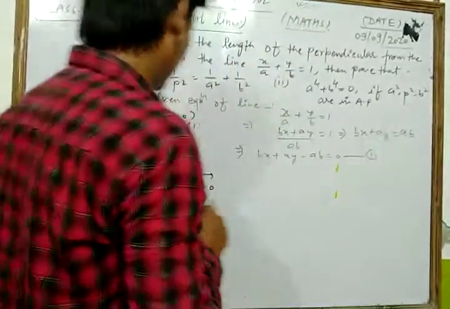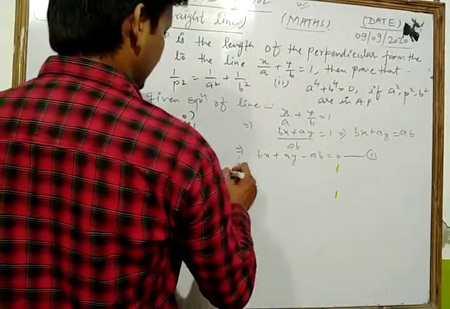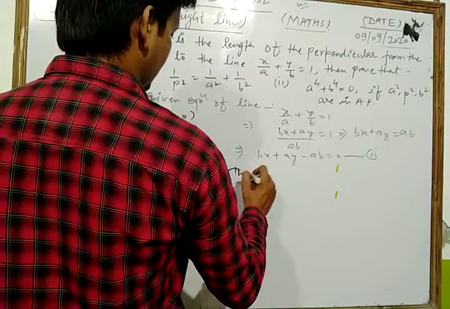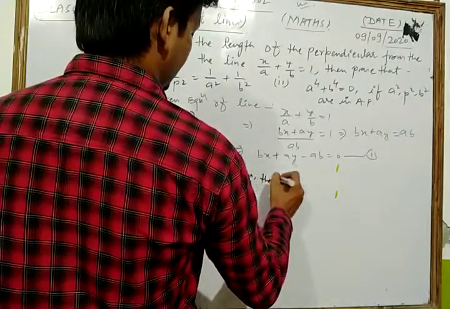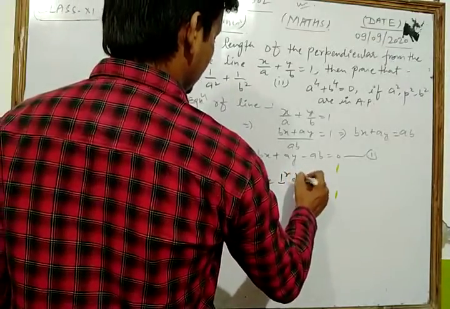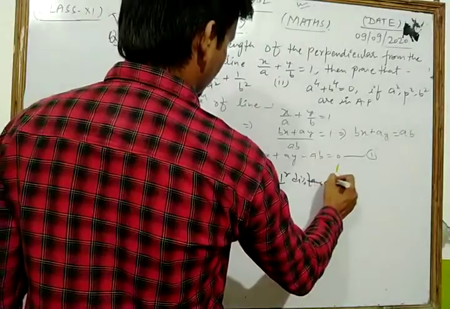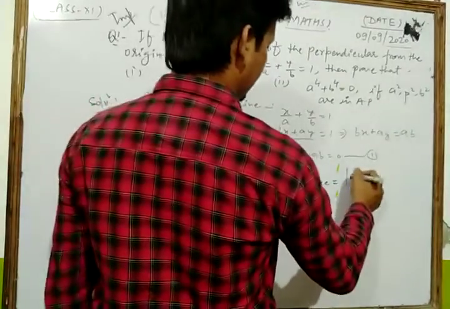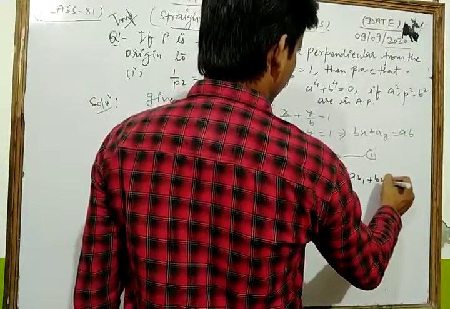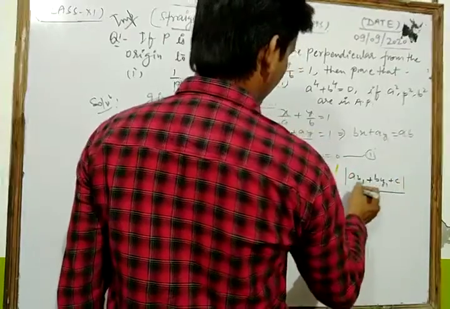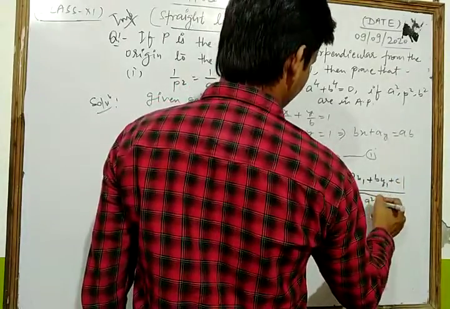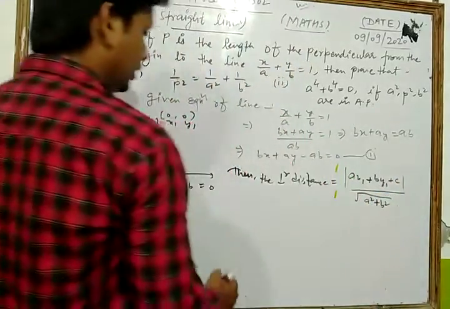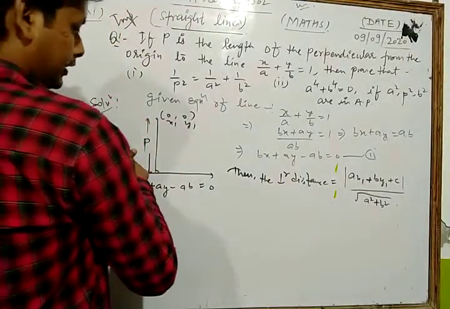Now we apply the formula. Since the perpendicular distance will be, you know that very well, mod of ax1 plus by1 plus c upon under root a square plus b square. Here the perpendicular distance is p.